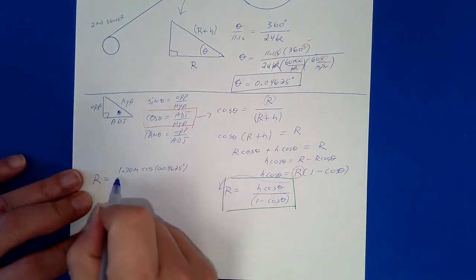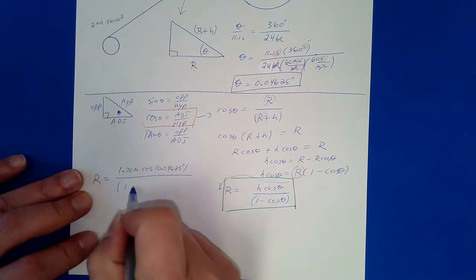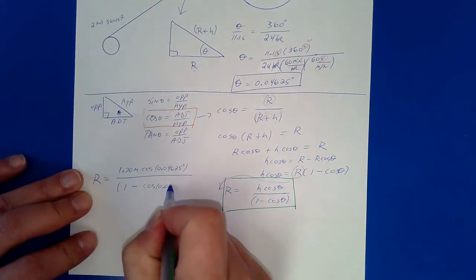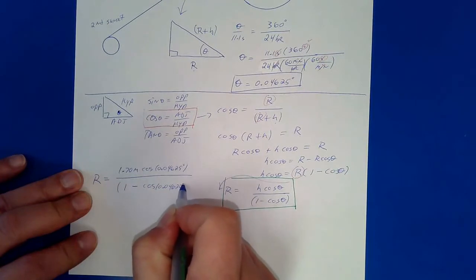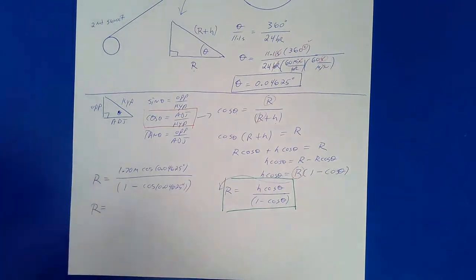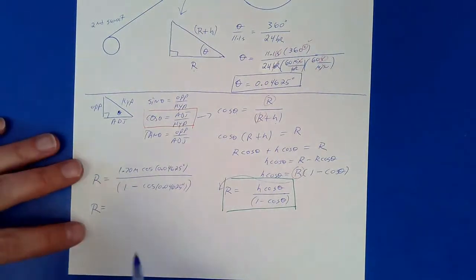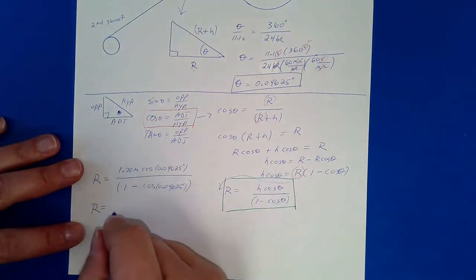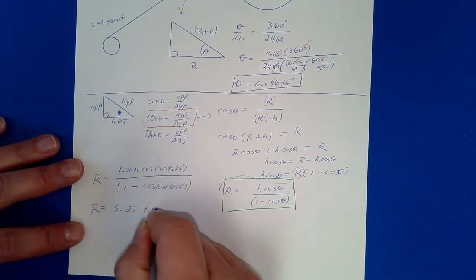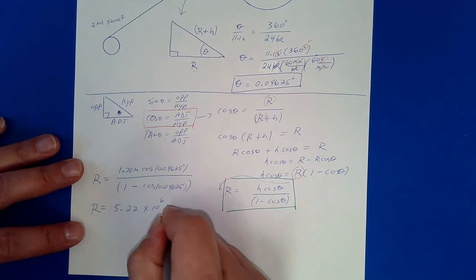Make sure your calculator is in degree mode. Divided by 1 minus cosine of 0.04625 degrees. When I do that out, I will get r is equal to 5.22 times 10 to the 6 meters.